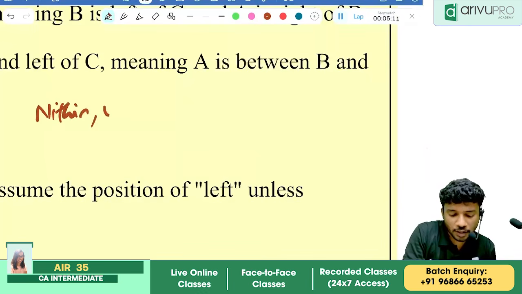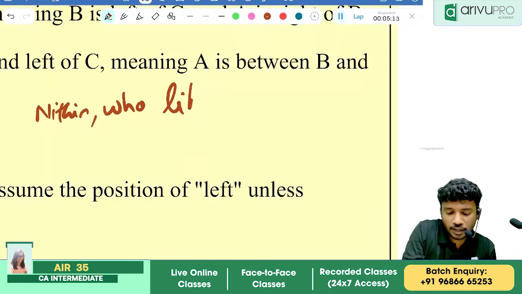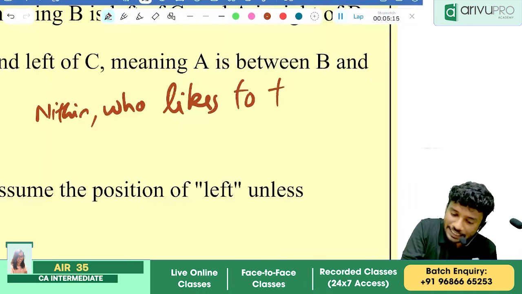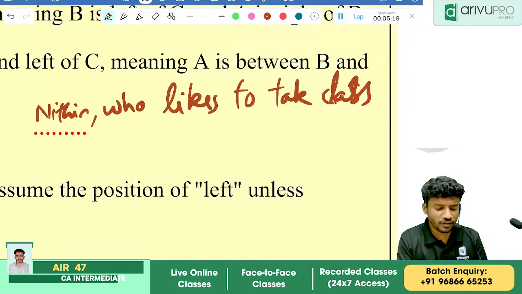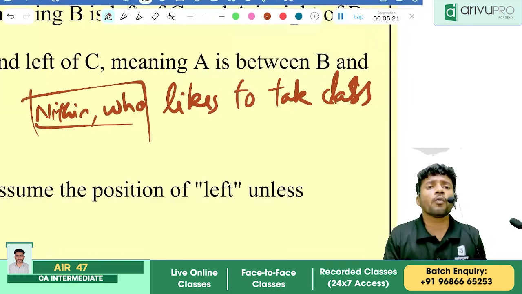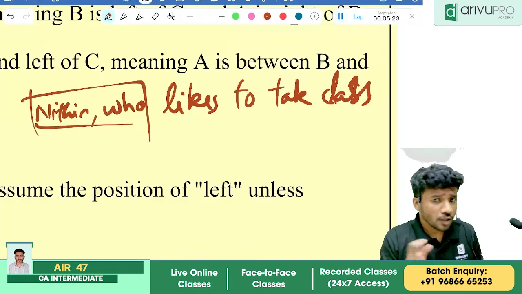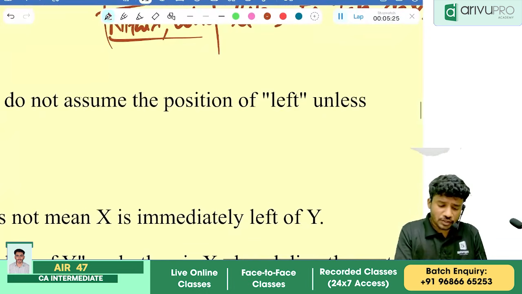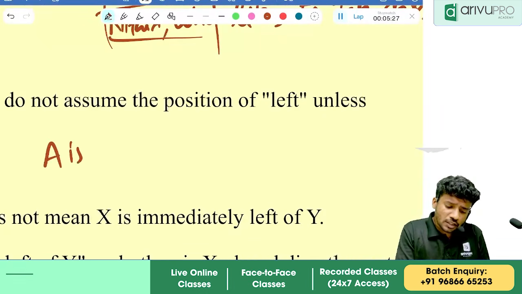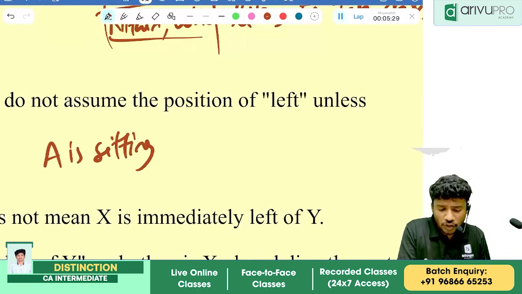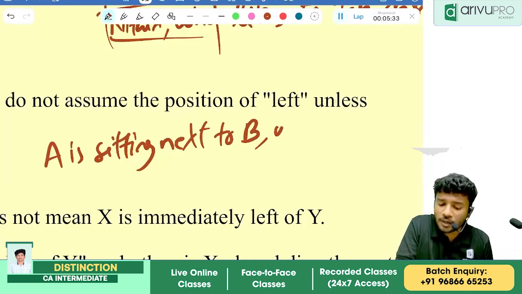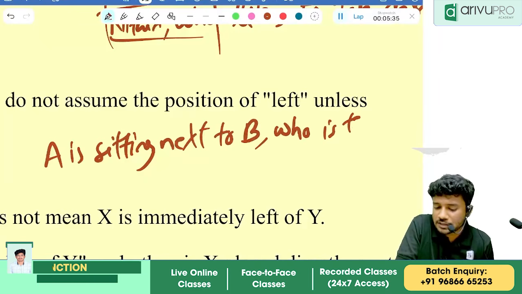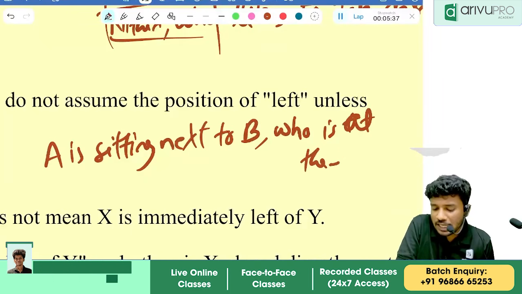Nithin, who likes to take class. What do you mean by that? Whenever I say Nithin, who am I talking about? Nithin. When I say like this, A is sitting next to B, who is at the left end.